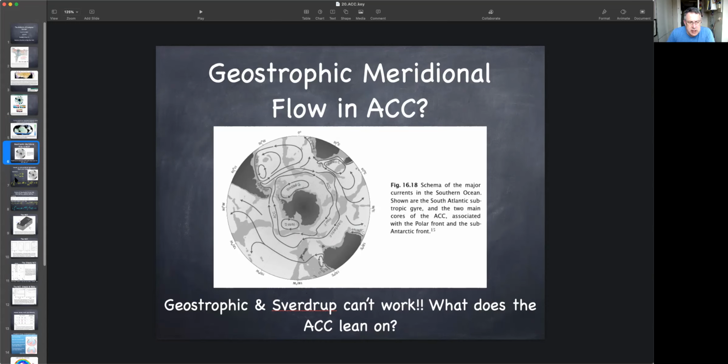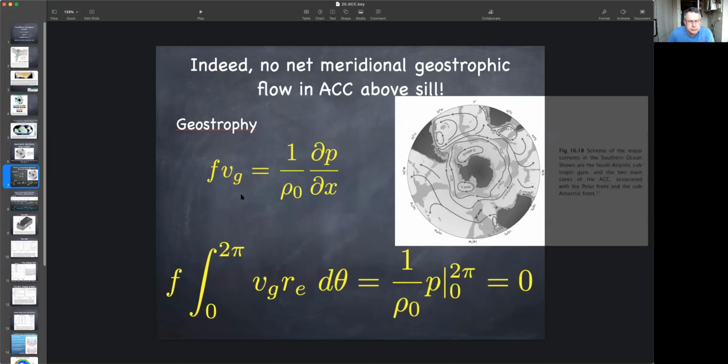But let's just think about it from the perspective of the pressure. If our geostrophic transport is the pressure gradient in the x direction, that is in the zonal direction, gives us our meridional geostrophic transport. What if we take a whole band all the way around Antarctica, enclosing on both sides?